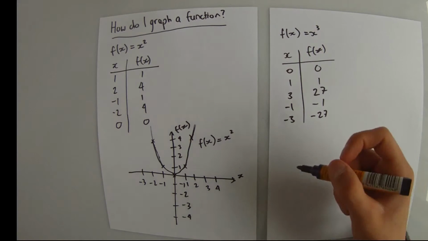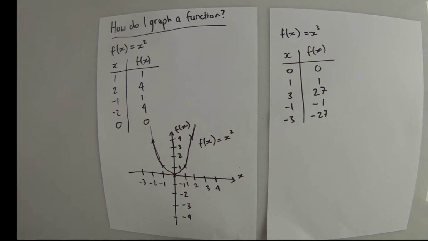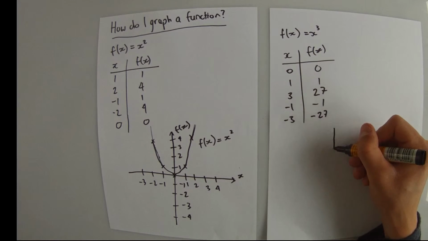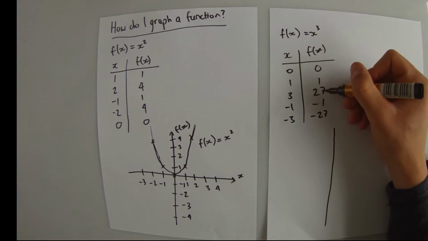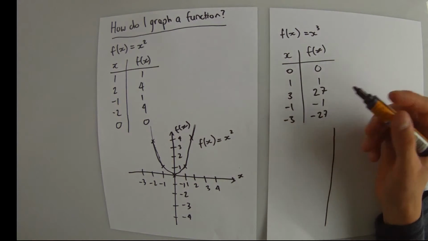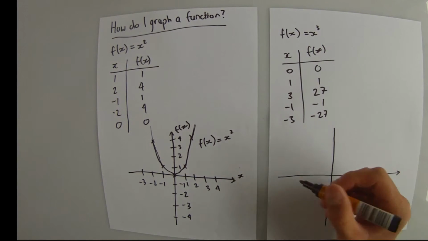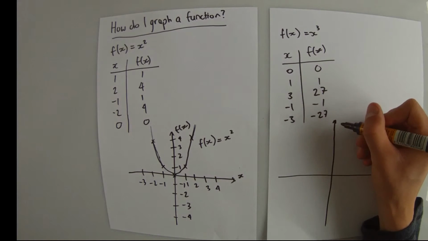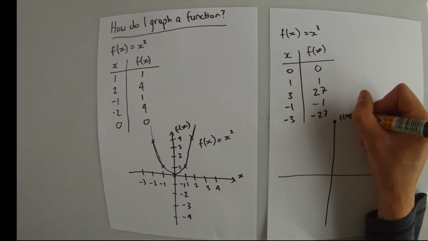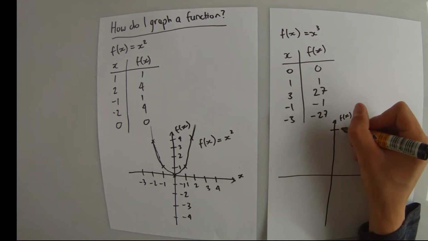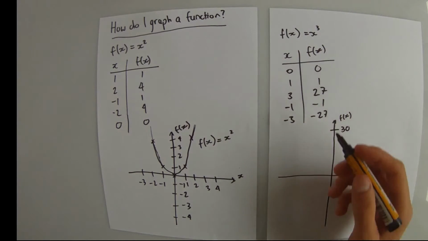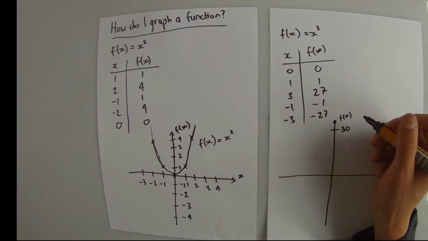So now we've got that, we need to draw f of x and x-axis. But what we can see here is these f of x values get quite high, and the x is still only at 3. So for this, we'll just change the scale of the axes. So the f of x axis, we'll make that quite a higher scale because we need to fit it all in, just up to x is 3.